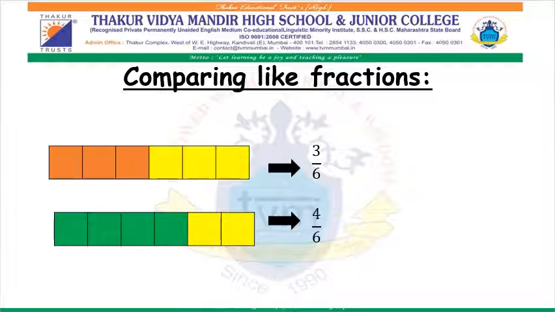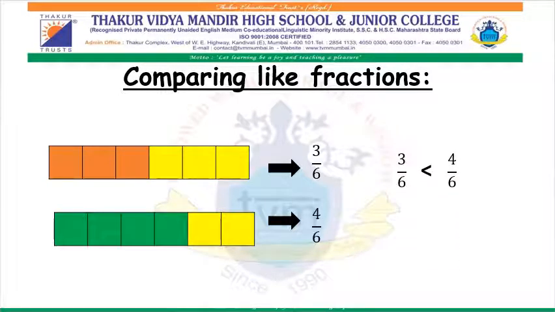So the fraction I am getting is 4 upon 6. Now I am supposed to compare both the fractions. You know that in like fractions the denominators are same. So now we will compare the numerators. In the numerators, 3 and 4, from the figure also you can make out that 4 upon 6 is bigger than 3 upon 6.